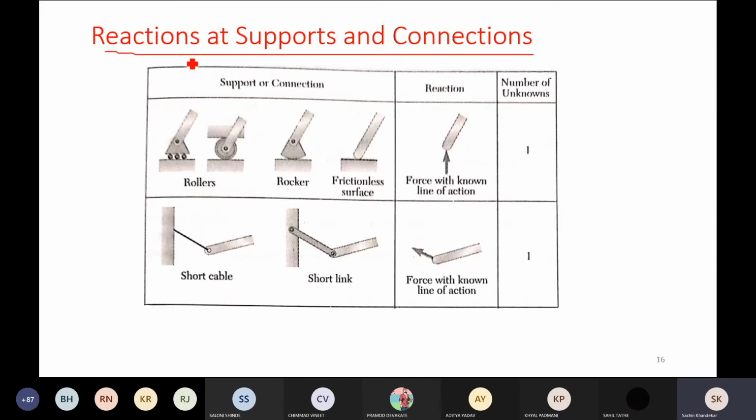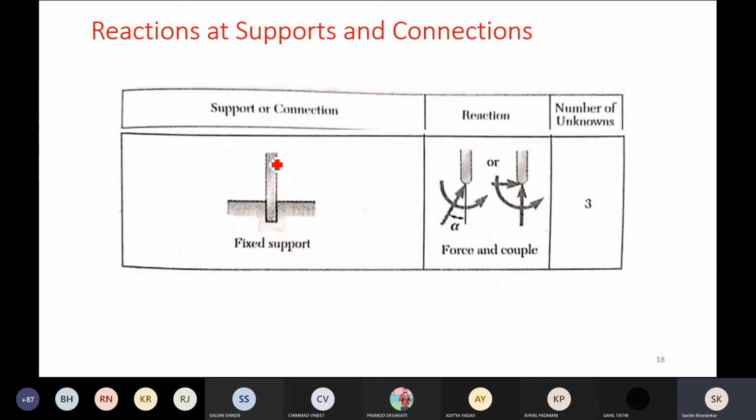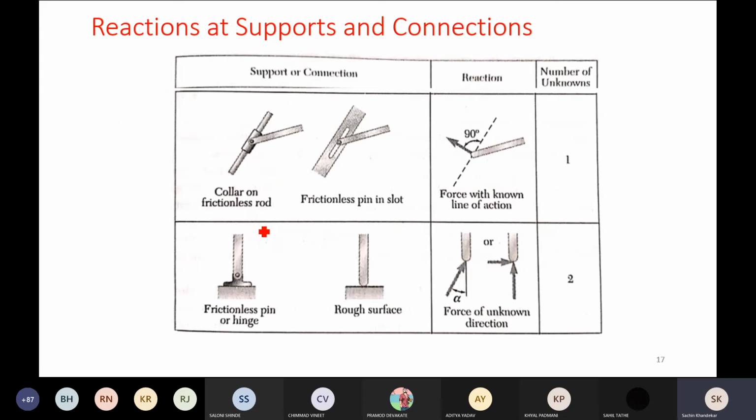This discussion is very important: reactions and supports, reactions at the supports and connections. So table 1, table 2 and table 3 are very important from the viewpoint of drawing the free body diagram.